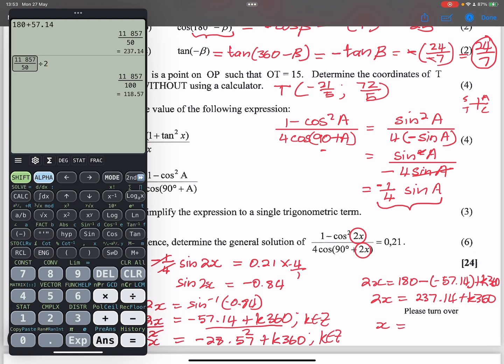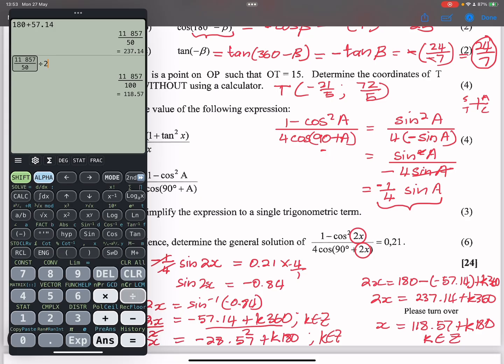I get 118.57 plus K 180. Actually, I wrote 360 there, but it was supposed to be K 180 because we divided it by 2. So plus K 180, where K is an element of integers.